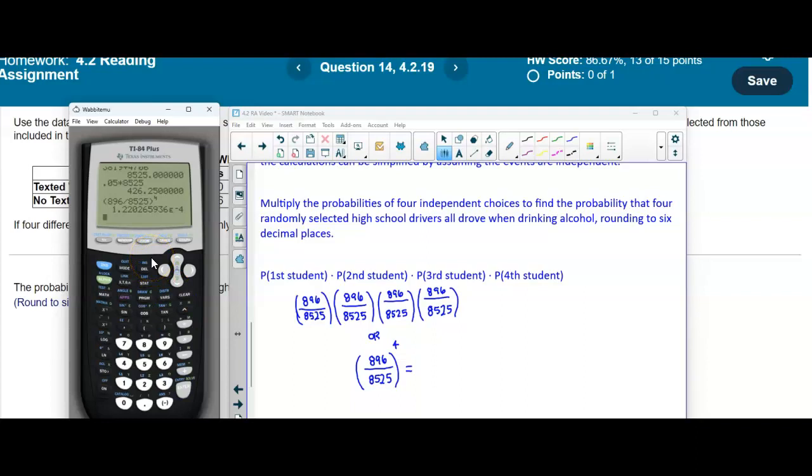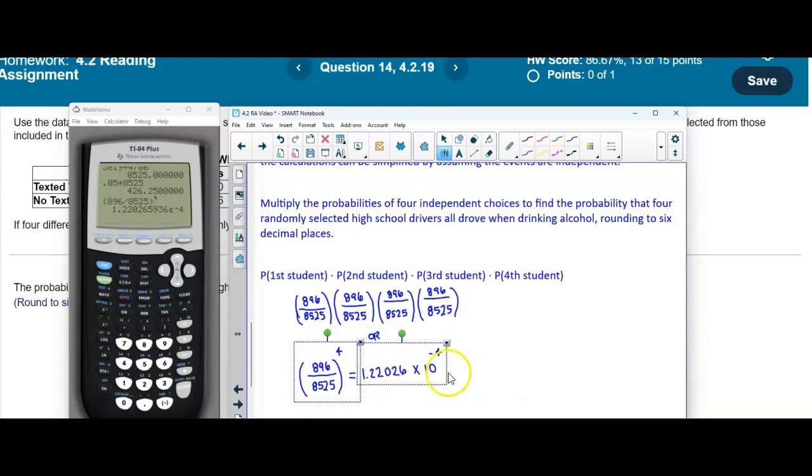So we end up getting 1.22026, and we'll leave it at that, multiplied times 10 to the negative 4, because that's what e to the negative 4 stands for. So now if we want to round this, we first want to apply the negative 4, so we move the decimal over to the left 4 times.